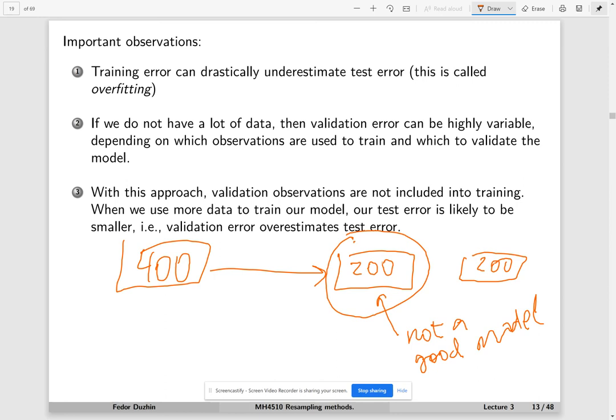And of course, if we have millions of observations, then it's probably not a big deal if we use 1 million or 2 million. But if the choice is between 200 and 400, then it may be a big deal. Which is why if we do this method by just splitting all available data into half-half, then we're going to overestimate the test error.